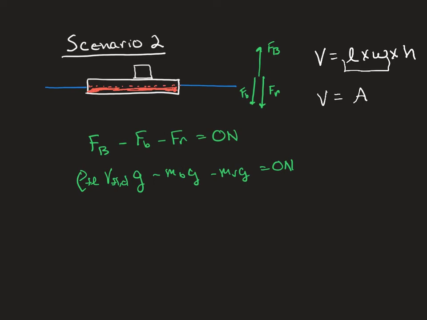The height, though, in this formula is going to be the height that's actually below the surface. So the h in this formula is going to be the distance the object is below the surface.